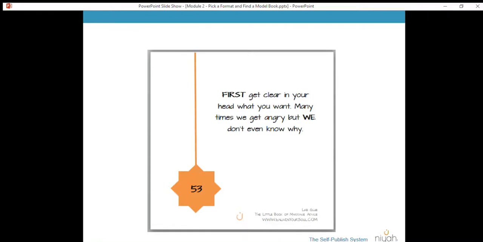Okay. So when you do a list book, or you do an advice book, something like this, you can cut down on the amount of time that it's going to take you to pump that book out. So what we did was we cut out the commentaries. We did do an introduction, of course, and then we just have it with the one piece of advice on the page.